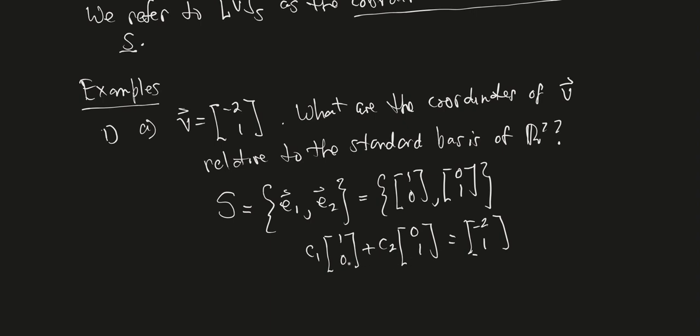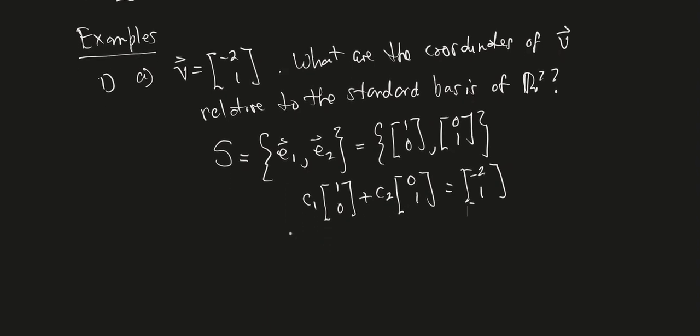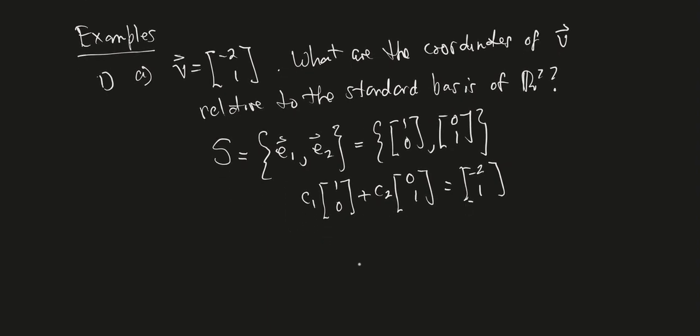If I put this in augmented form, it's already in reduced row echelon form, because of the way the standard basis for Rn is defined: you have a 1 in a specific entry and zeros in all the other entries. You'll see right away what the solution is.